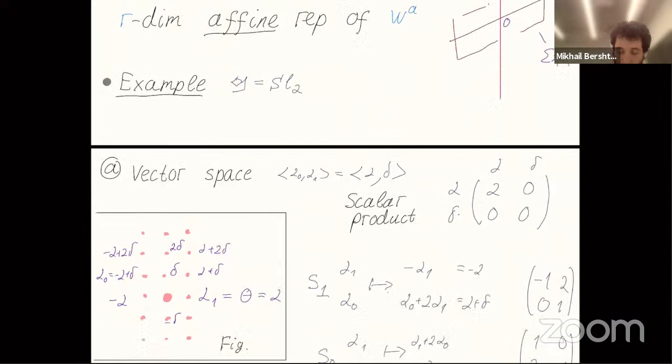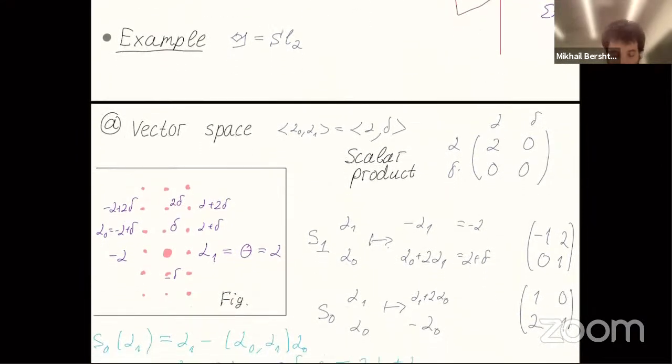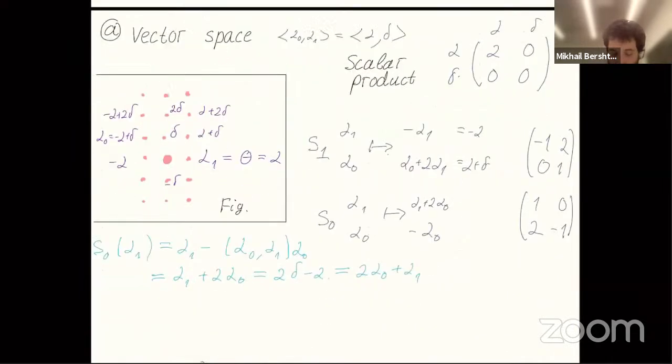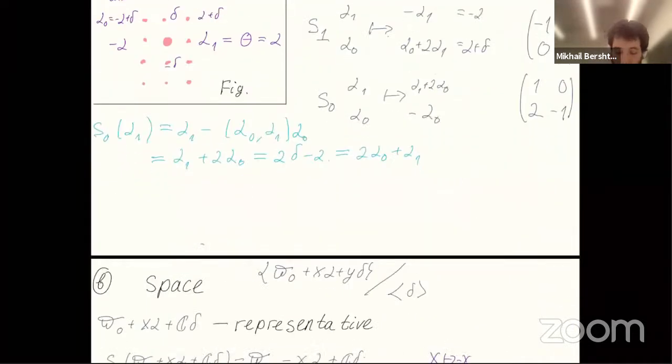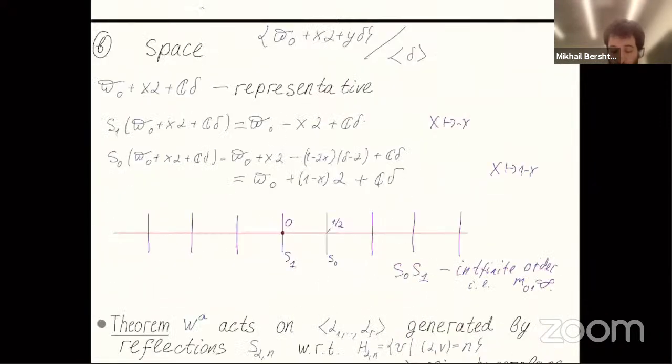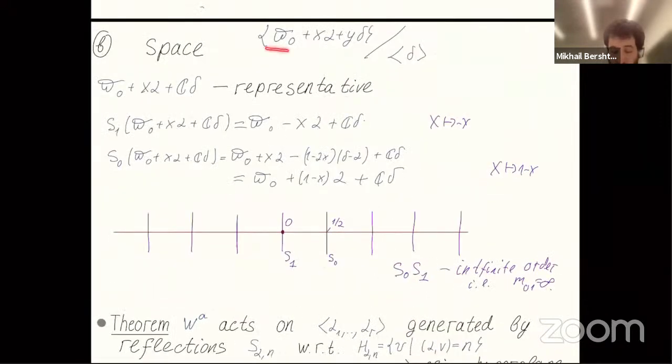We have an example of SL2, case A. Maybe we will not recall, we had it last time, but case B, let me say it once again. So in the numerator, we have this affine hyperplane. So we have pi 0 plus alpha with any coefficient plus delta with any coefficient. So a linear combination of such vectors.